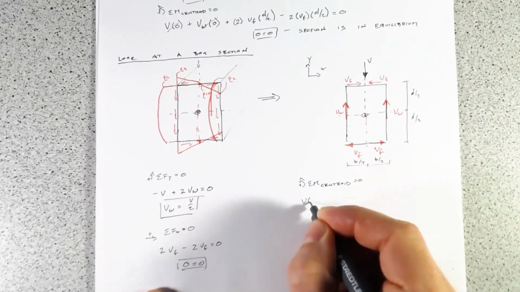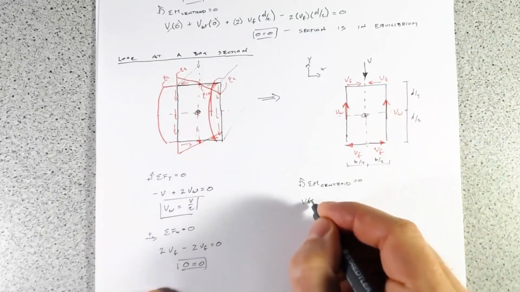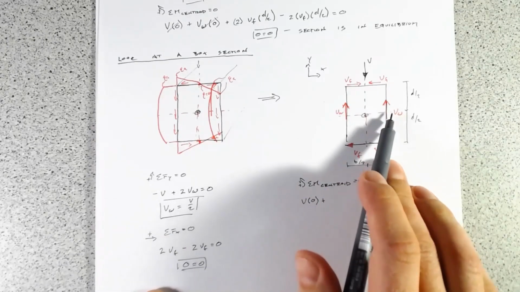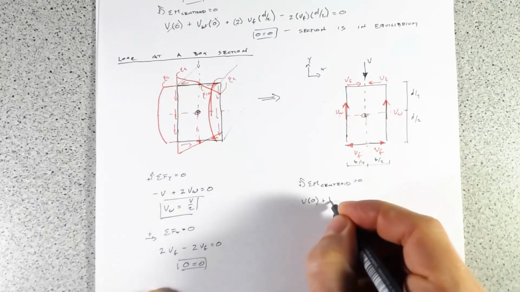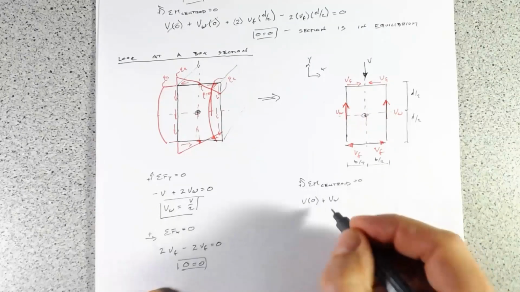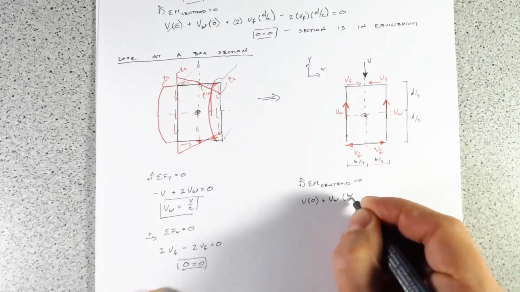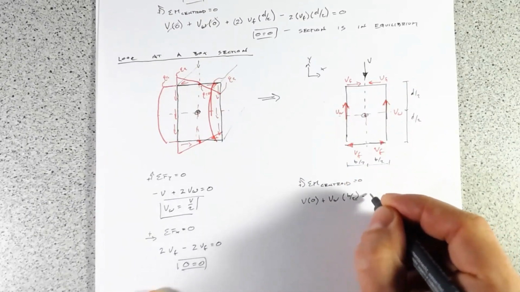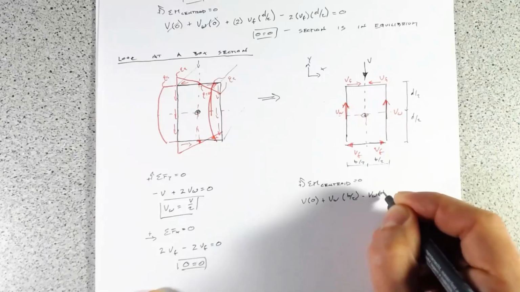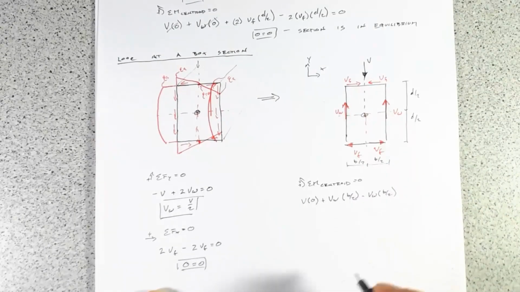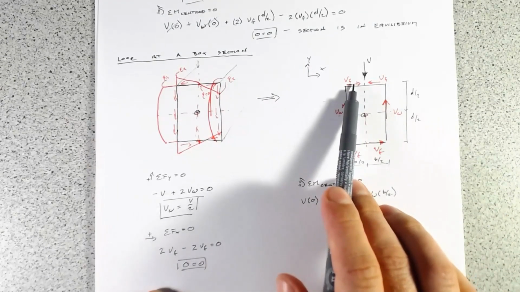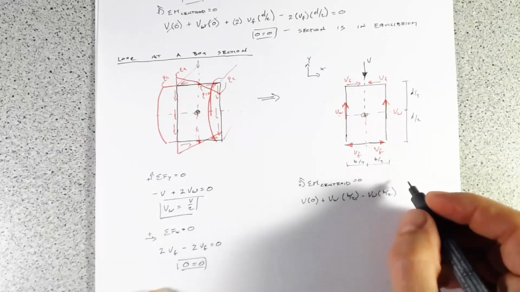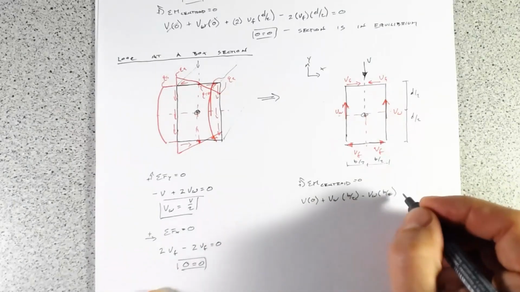So you've got v times 0 plus we've got a v sub w times b over 2 minus v sub w times b over 2. Then we have 2 of the flange shears trying to spin it positively.